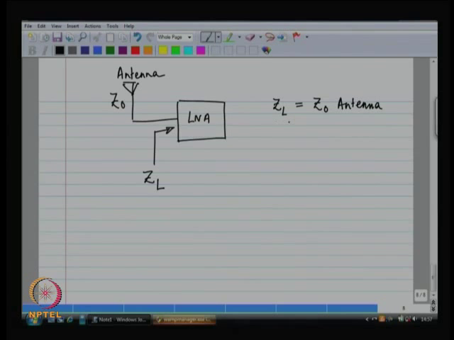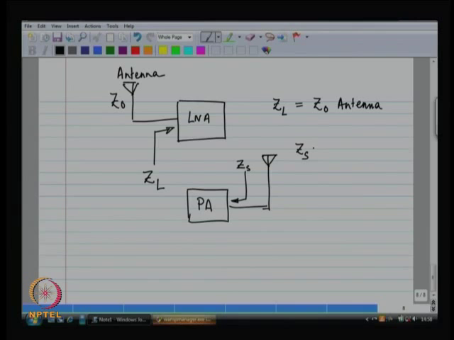So, this is something important for us when we are designing our system. Let us say we are making the transmitter and I am designing the power amplifier that pumps out power through an antenna. Then once again the source resistance, now you have control over the source resistance, you would like ZS of the power amplifier, you can model the power amplifier as a Thevenin equivalent voltage source in series with a source resistance.